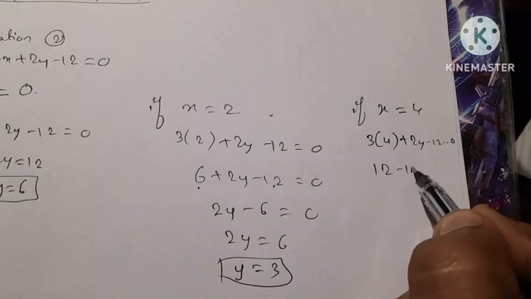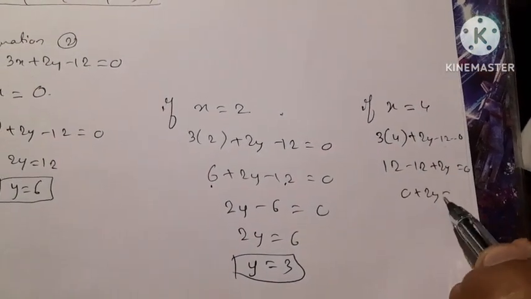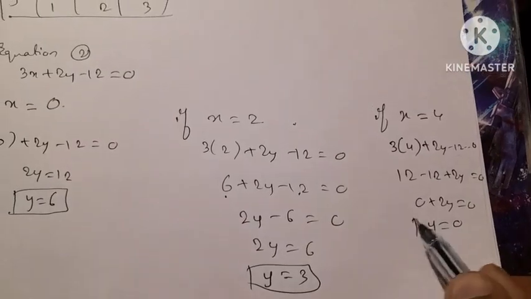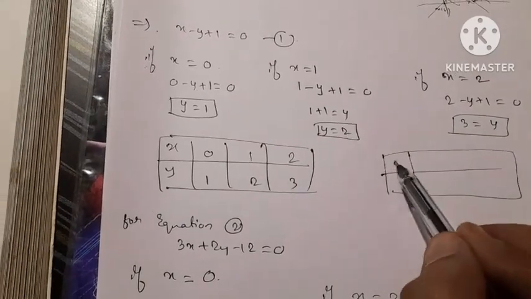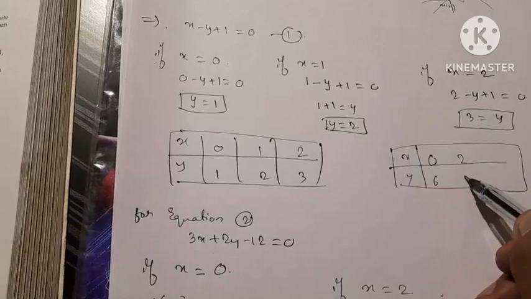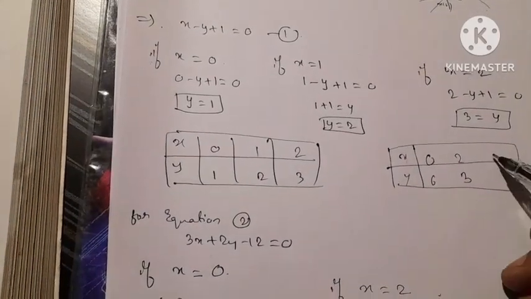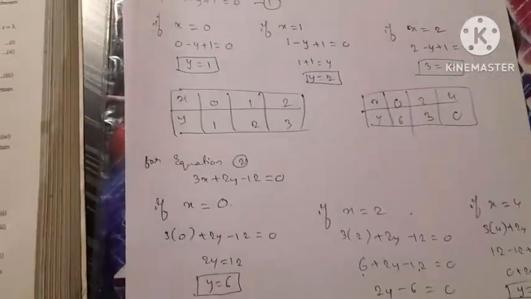So 12 minus 12 plus 2y equal to 0, 0 plus 2y equal to 0, so y will be equal to 0. For equation 2, we get a box as such x, y. So if x is 0, y is 6, if x is 2, y is 3, if x is 4, then y is 0. Okay, now we'll plot the graph.